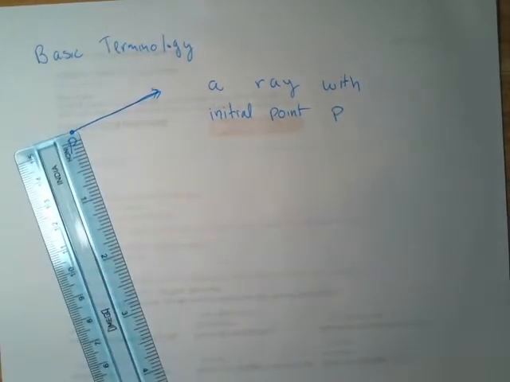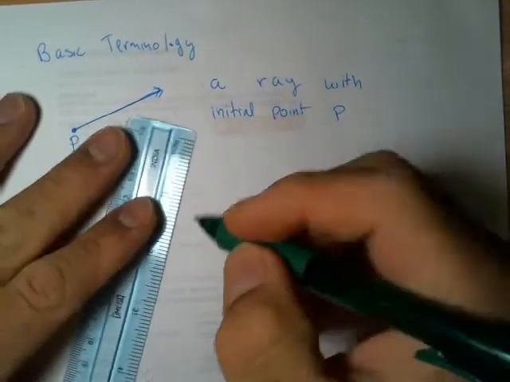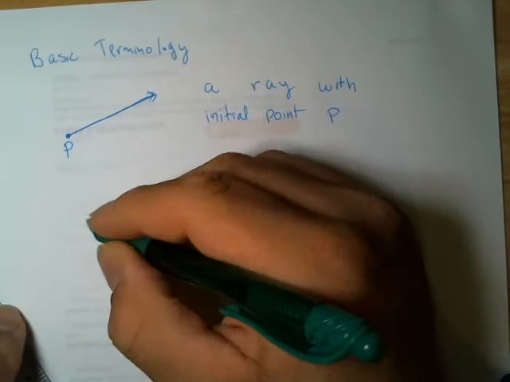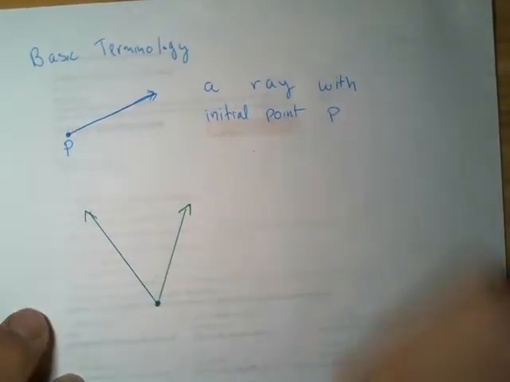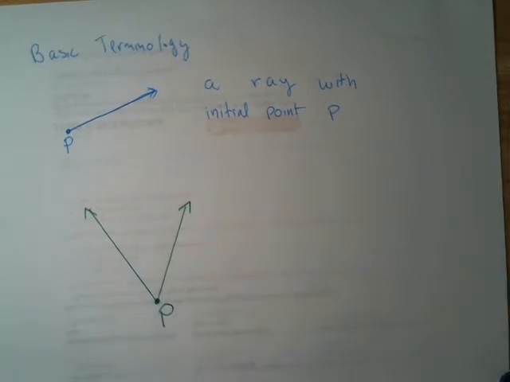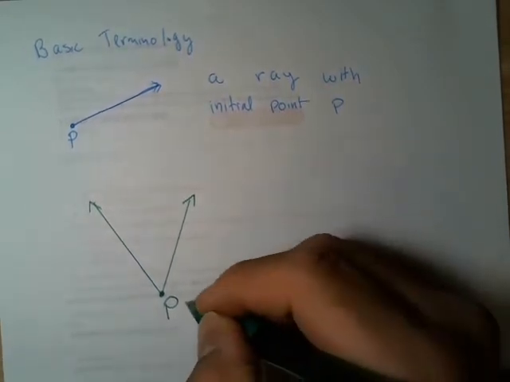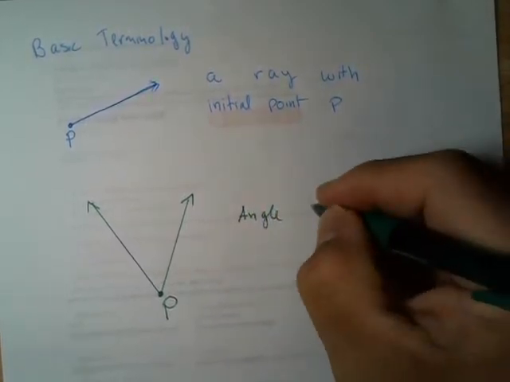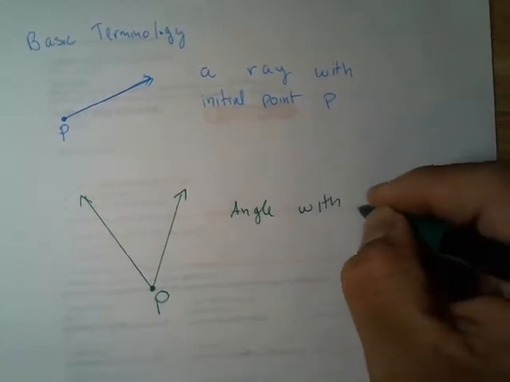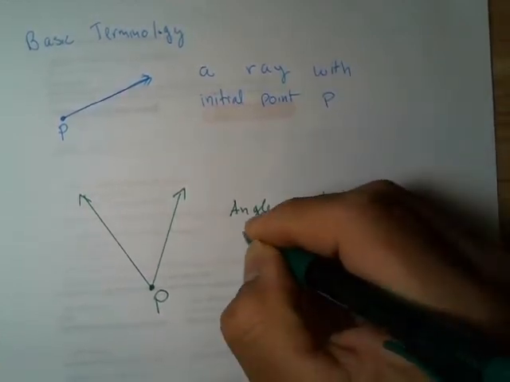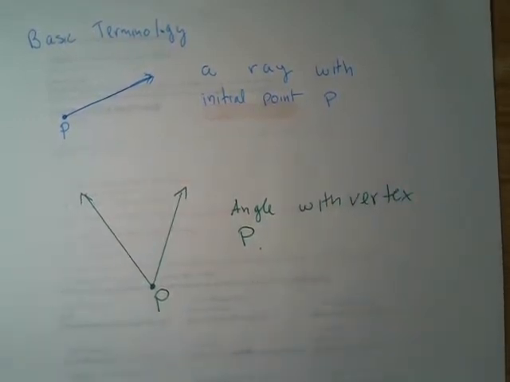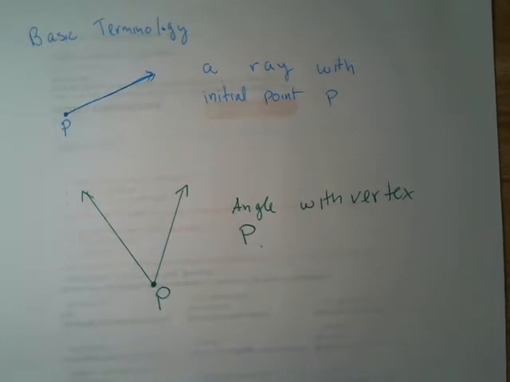So if we draw an angle somewhere out here in space, we can think of these as two rays that share that initial point P. Now, when we introduce this angle, we call this an angle with vertex P. Okay, now we're going to start building our vocabulary. We have a ray with initial point P, and an angle with vertex P.